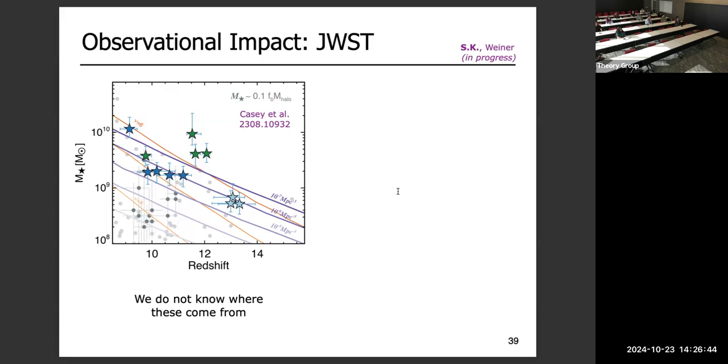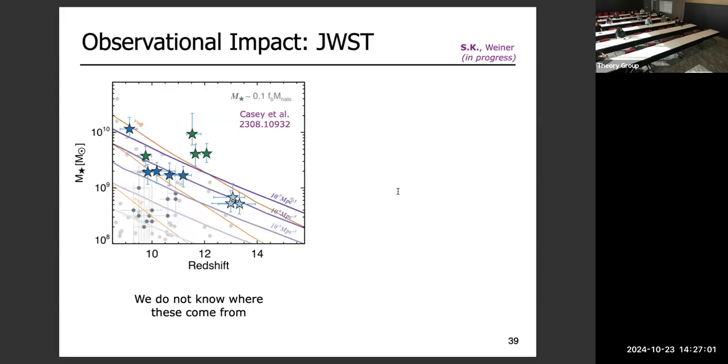Just to give you one example to show this tension, this is from this reference. Here what they're plotting is the stellar masses, which is related to the halo mass with some factors, related to the star formation efficiency, how many baryons there are, and so on, as a function of redshift.